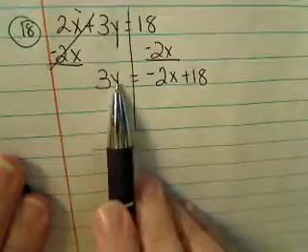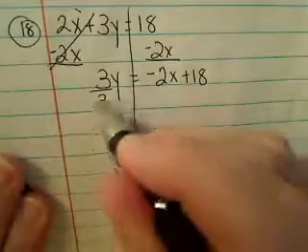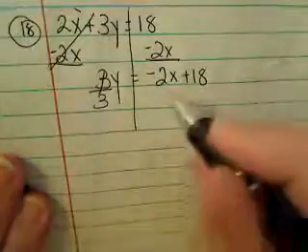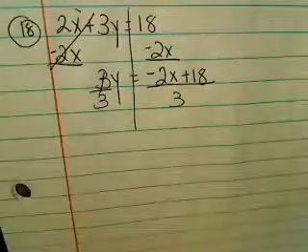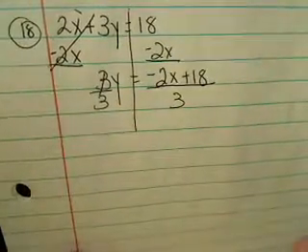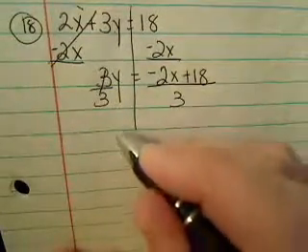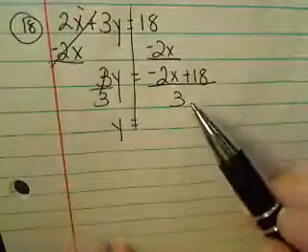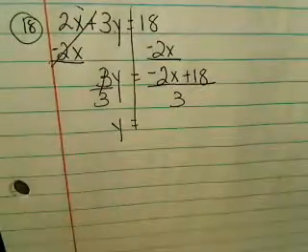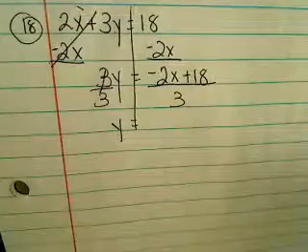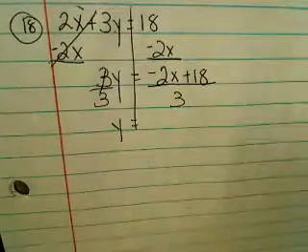The last step to get y by itself is to divide by 3. And if I divide that side by 3, I have to divide everything over here by 3. So when I do that over here, I have y. Now I want you to look. 3 will divide into 18 evenly because 18 divided by 3 is 6.